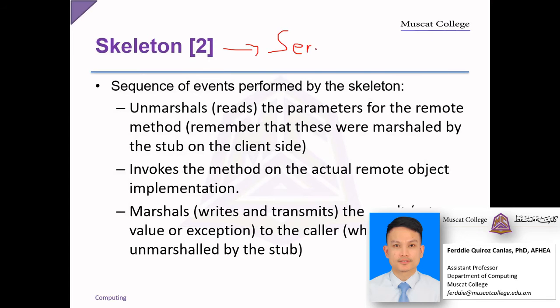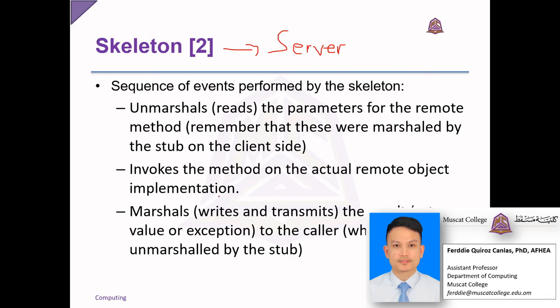The server reads the parameters sent over the network, which is num1 and num2 as an example, and then invokes the method on the actual remote object implementation, whether add numbers, subtract numbers, or multiply numbers. Then after this, it marshals: it returns a value or an exception and transmits it.